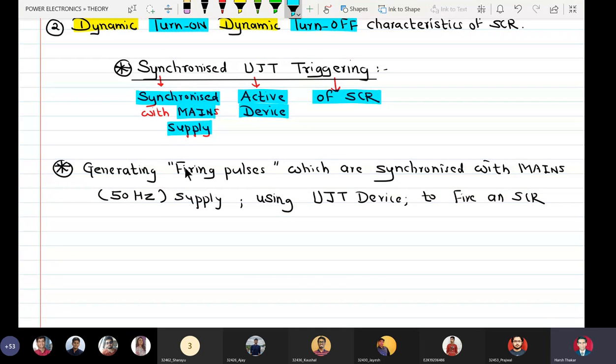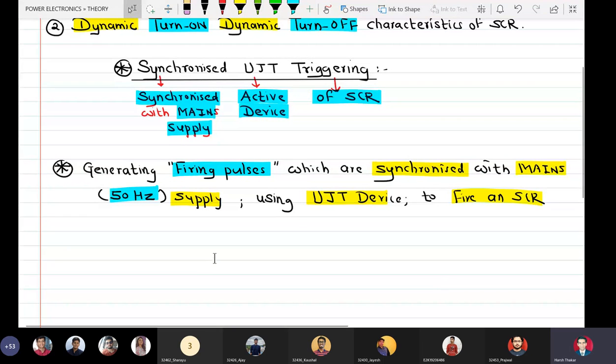Okay, so generating firing pulses which are synchronized with mains, that is 50 Hz supply, using UJT device to fire an SCR. So this sentence we will revisit after I complete the explanation.